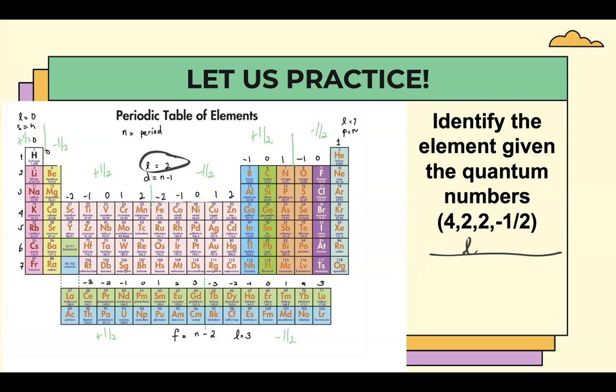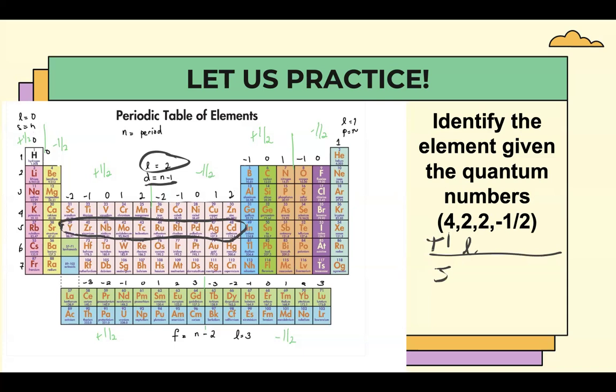The row, where is it located? So again, if it's on the D block, you have to do n-1. But since the given here are quantum numbers, you have to do the other way around. So you have to do 4 plus 1 here. So it's on the fifth row. So locate the fifth row elements on the D block. So these are the fifth row elements.